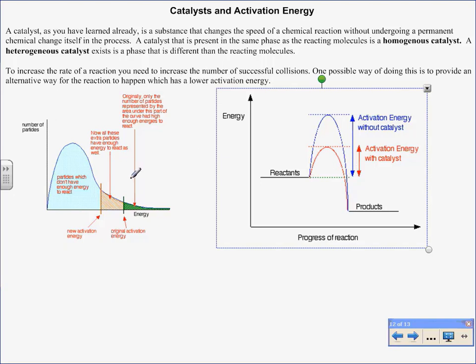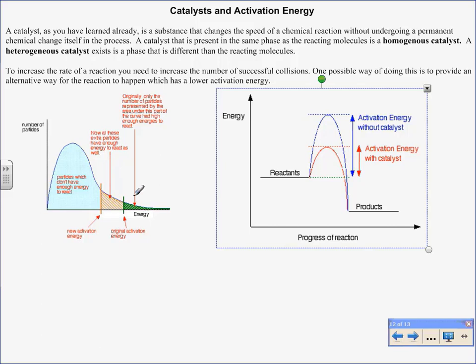If we connect this to the Maxwell-Boltzmann diagram, you'll remember at a normal temperature, we had an activation energy. And we said that any molecules beyond that point had enough energy on their own to overcome the activation barrier.